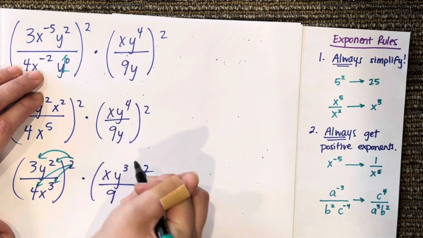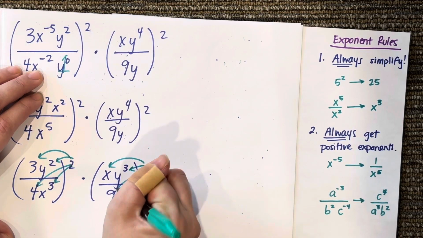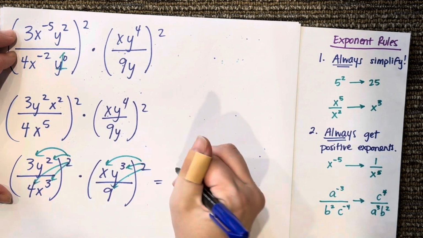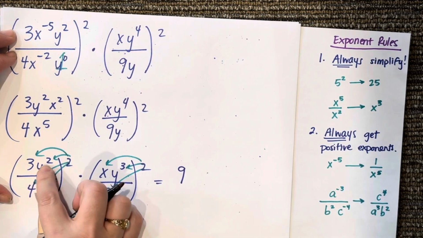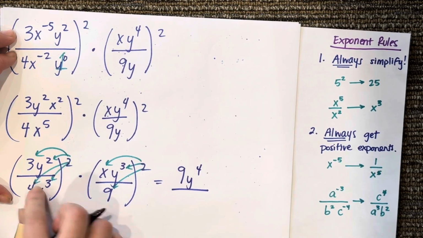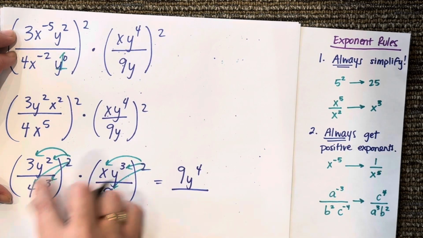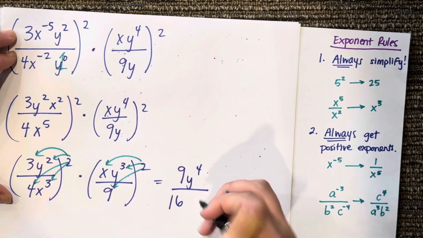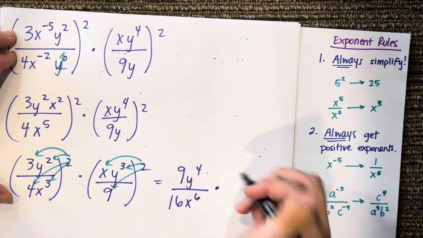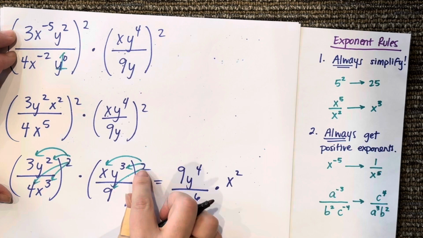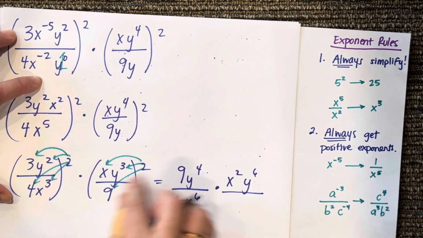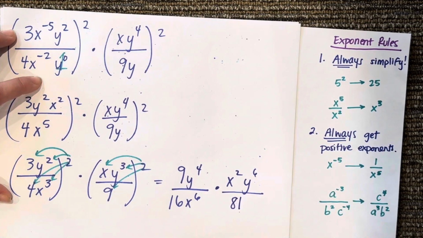Okay, now there's nothing I can do to simplify other than distribute all of my squares. So I'm going to get 3 squared is 9, y to the 2 times 2, y to the 4th, divided by 2 squared, 4 squared is 16, x to the 6th, times x squared, y to the 6th, divided by 9 squared is 81.